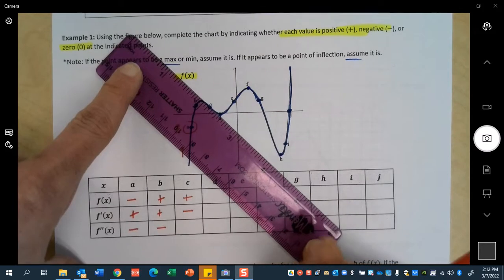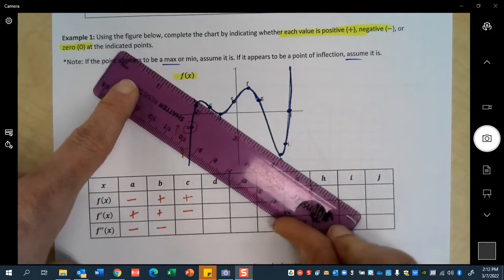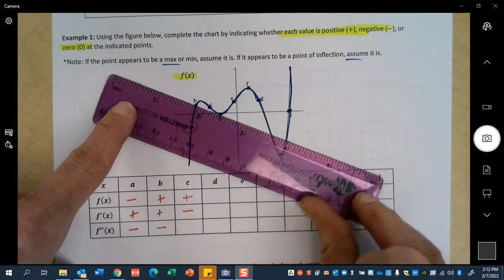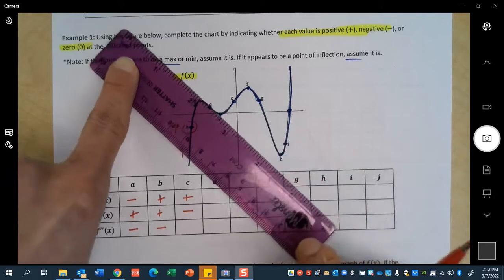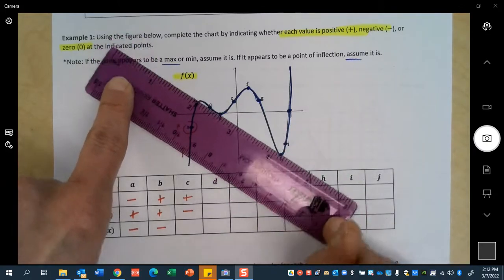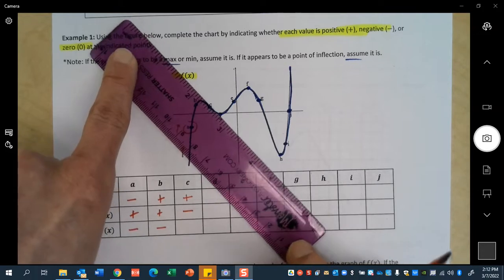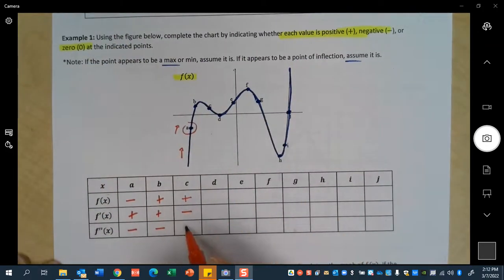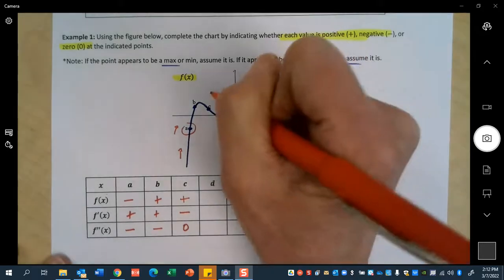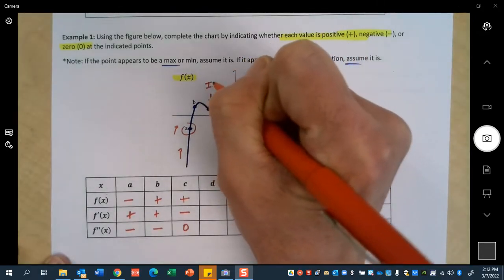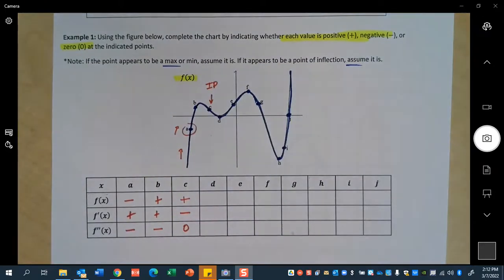But what happens right when I reach C? It switches from decreasing to increasing. See right here, it's like a little teeter-totter. So because C is where my first derivative changes, C is going to be a point of inflection. That's an inflection point.